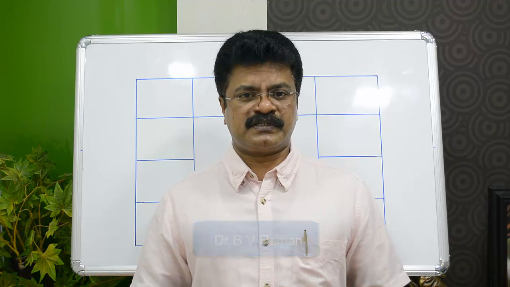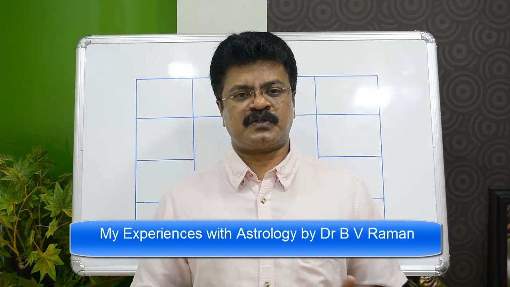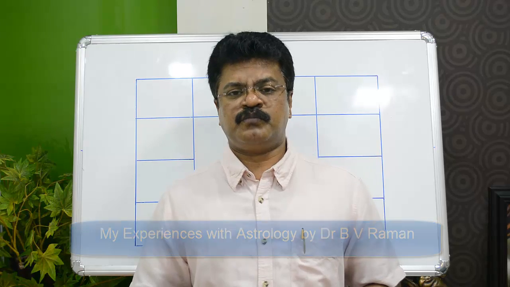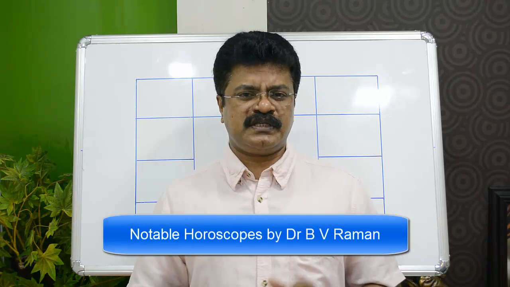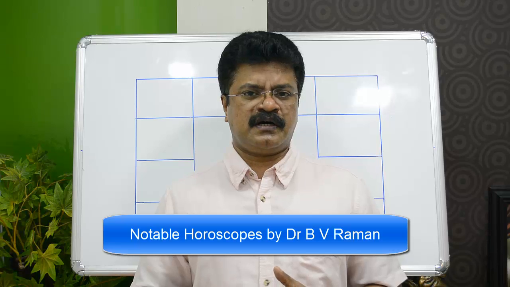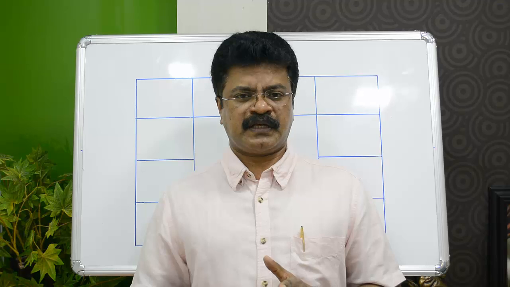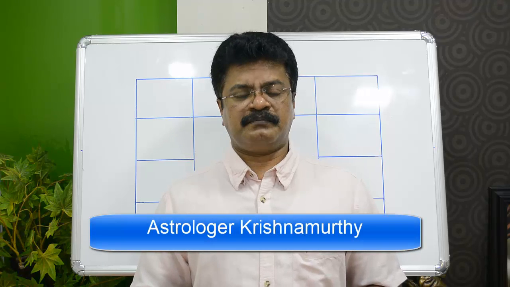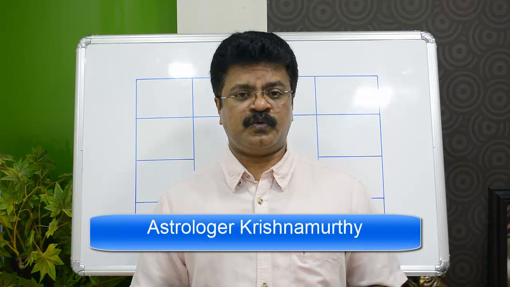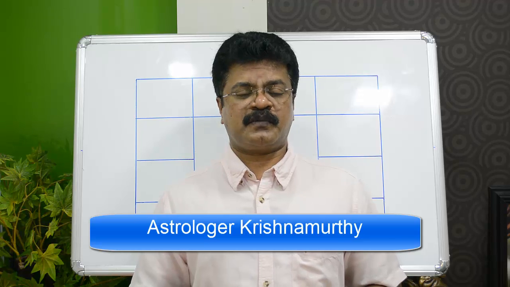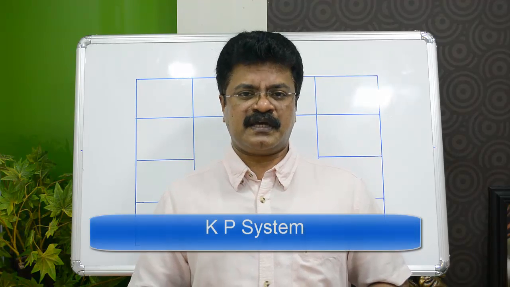If you read any of his books, right from My Experiences with Astrology to Notable Horoscopes, you will see that he constantly uses a method wherein he says, this particular planet is in this star and therefore it gave this result. An idea that was also used extensively by astrologer Krishnamurti, who later invented a new system called Krishnamurti Paddhati, or what is called the KP system.